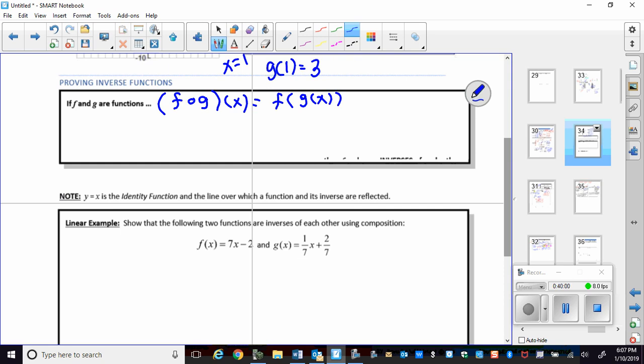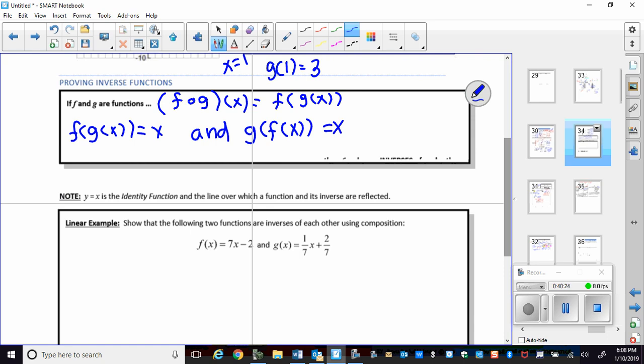Well, in order to prove that these functions are inverses, f of g of x has to equal x, and g of f of x must equal x.